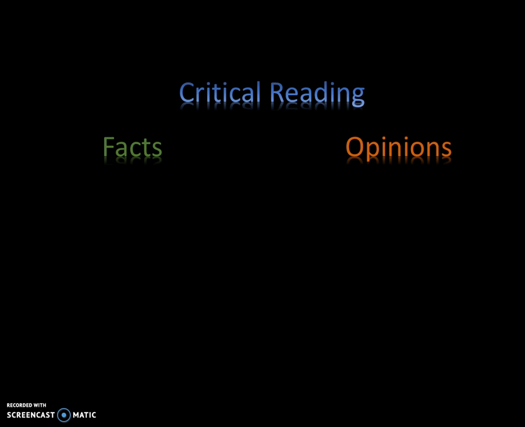Although this sounds simplistic, being able to recognize fact from opinion can be pretty tricky, especially when the reading passages are complex. Before we recognize something, though, we first need to understand what it is. So let's talk about each one of these for a minute. A fact is something that can be proven true or false. Typically in writing, a factual statement will include evidence or proof of that particular statement. Here's a couple of examples for you to look at.